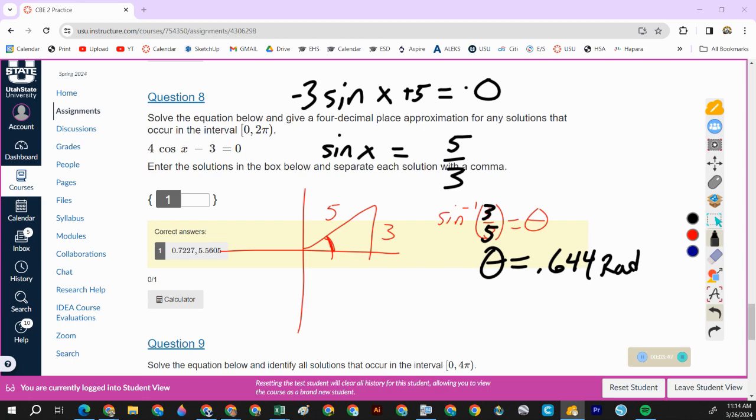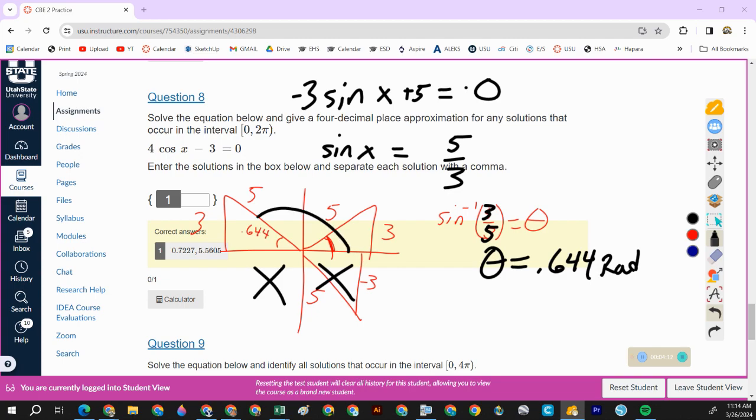Well, in what other quadrant will the sine equal 3/5? Well, let's check quadrant 4. That won't work. So yeah, it can't be 4, it can't be 3, it's got to be 2. So 3 and 5, and I know that this angle is 0.644.